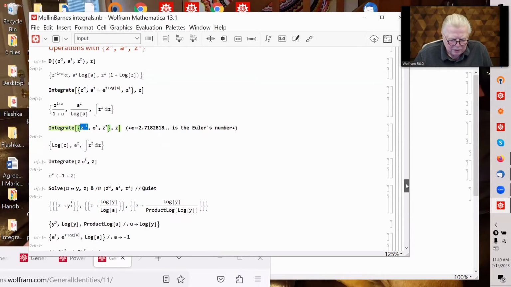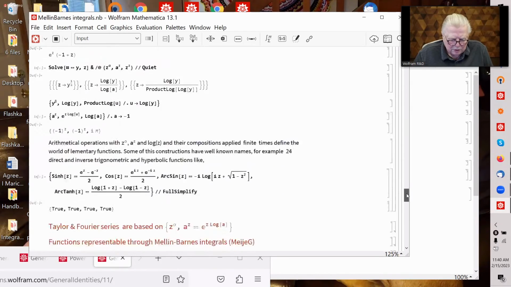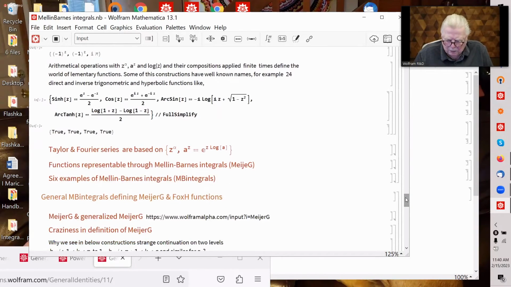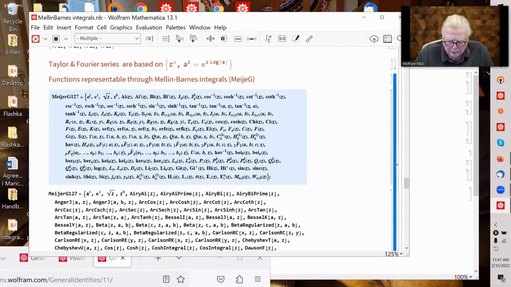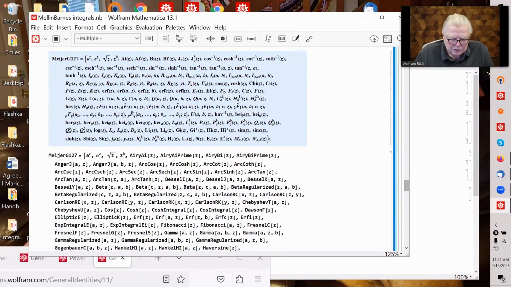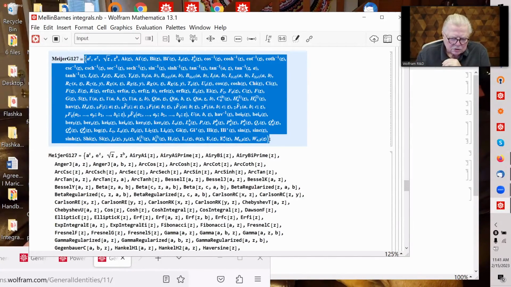back together and produce very, very wide set, big set of particular cases. They produce practically all our mathematical functions. This is the list of functions which can be representable through Meijer's G function.